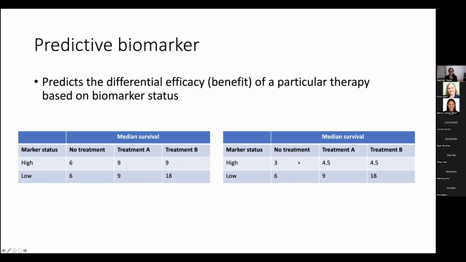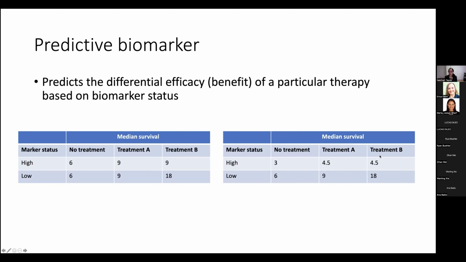Here's another example where this is actually both a predictive and a prognostic biomarker. When your marker is high, you can see across the board they have lower median survival, but you also have a differential effect of a particular therapy. So your hazard ratio for comparing high versus low in the no treatment and the treatment is 0.5. Your median survival is basically half.